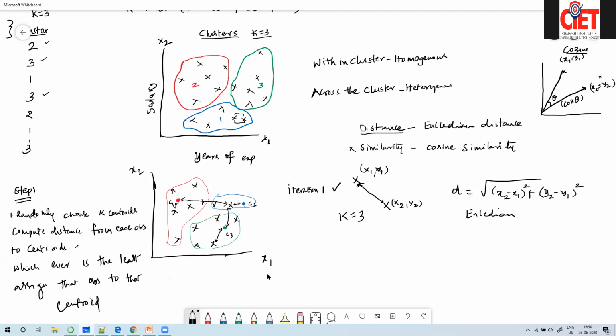Now, once this assignment is done, we are going to remove these centroids, and okay, we lost some observations also with that. Let's try to put those observations back. So there was an observation here, there was an observation here, this observation was there, this observation was there, this was there, and this was also there. Okay, to complete them.